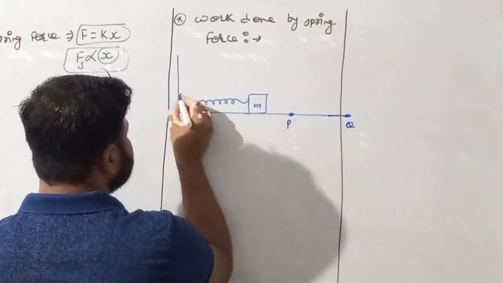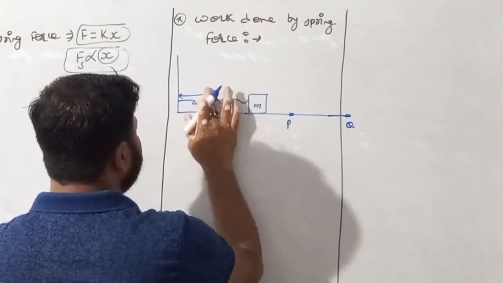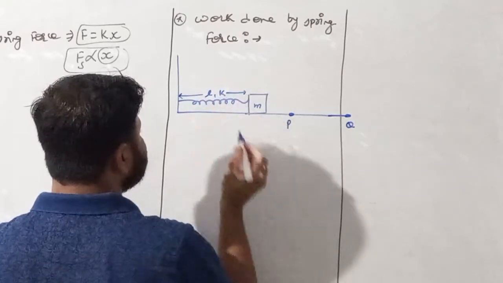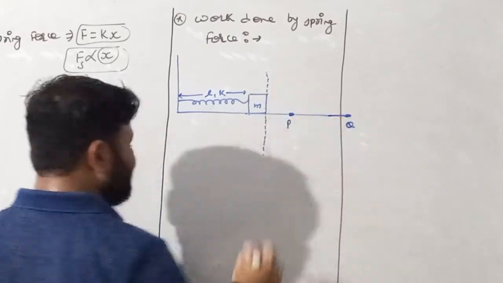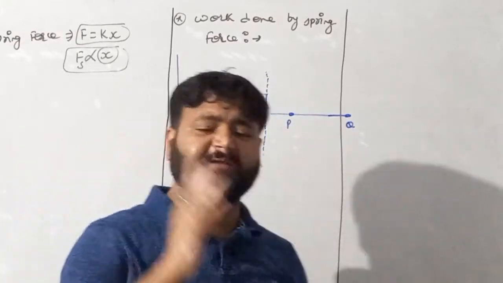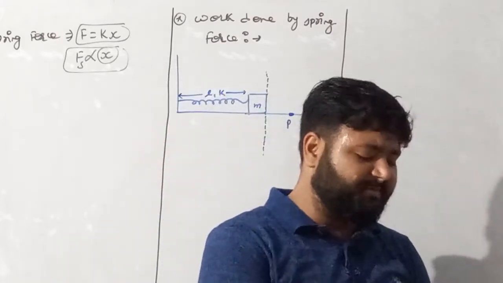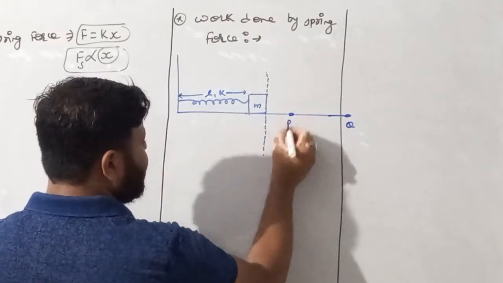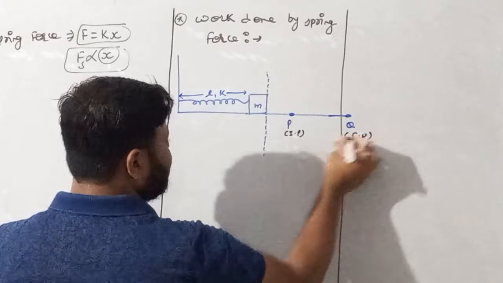Let's suppose the original length of the spring is L and the spring constant is K. This is its original position, and we all know that if we want spring force, then we have to either elongate or compress the spring. So I am elongating the spring. P is our initial point and Q is our final point.